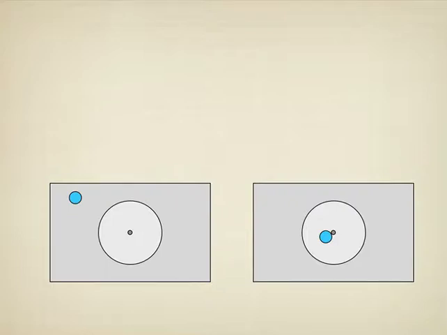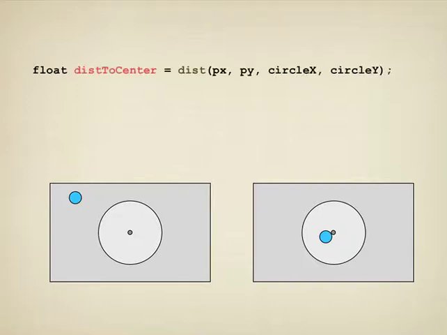I'm going to write a little test that computes the distance to the center. This is the distance from the point to the center of the circle. And notice that I'm calling this function dist. Dist is a built-in function in processing. It takes 4 arguments, xy of 2 points, and it gives you back the distance between those 2 points.